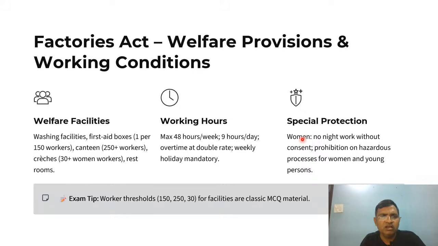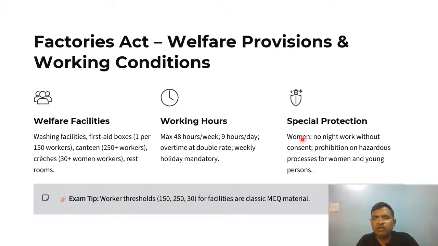Then, as per the Factories Act, working hours: maximum 48 hours a week and 9 hours a day, overtime at double rate, and a weekly holiday is mandatory.